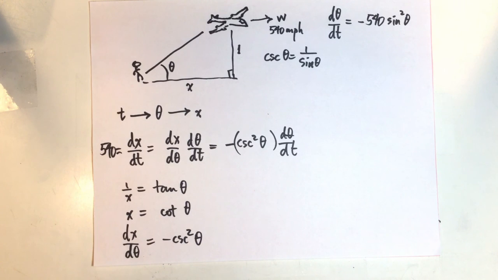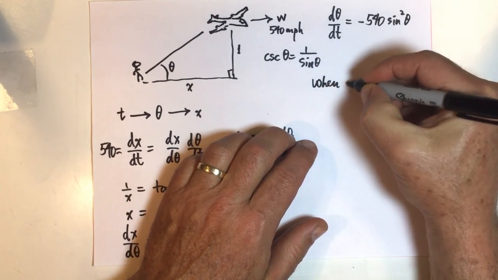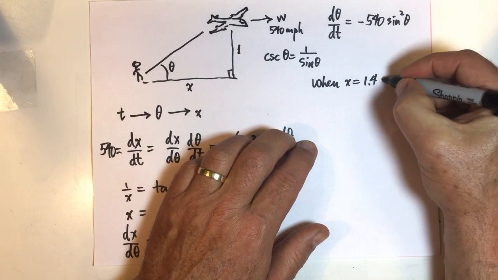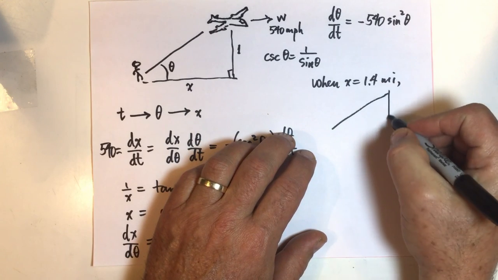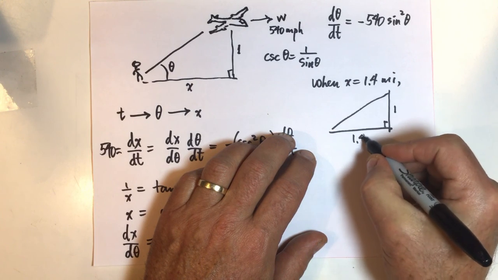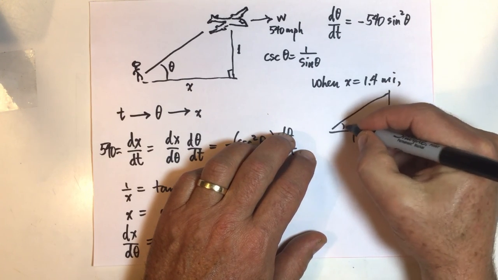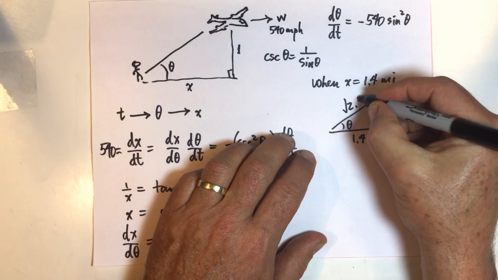Now we have to evaluate everything at a point in time. Not the time itself that's relevant, but x we know at some point in time when x is 1.4 miles. So when x is 1.4 miles, then we have a right triangle with a 1 here, 1.4 here, and we saw in the last problem that the hypotenuse is the square root of 2.96.